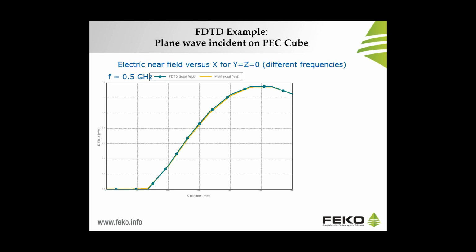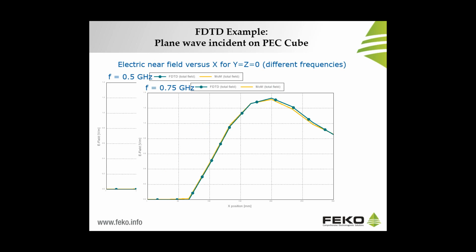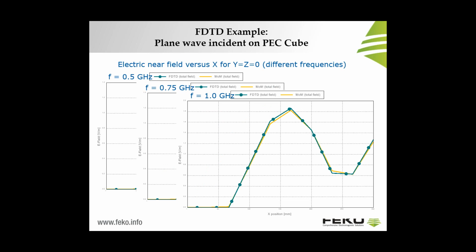Here you can see the results at 500 MHz comparing FDTD in blue and method of moments in orange, and you can see that there is a very nice agreement between the two methods, and this agreement can also be found at 0.75 GHz and also at 1 GHz.